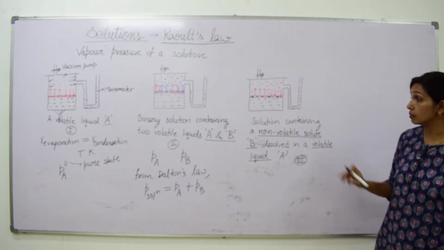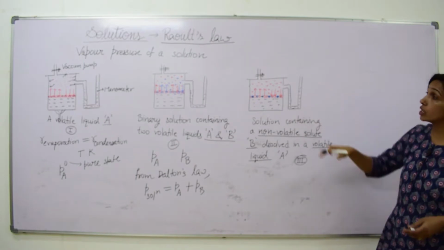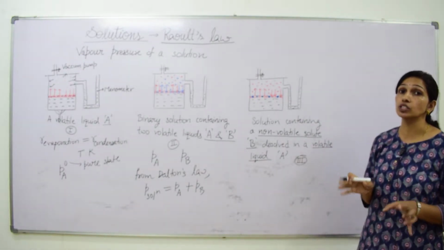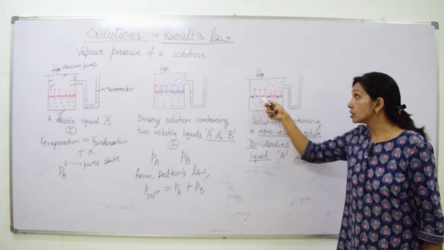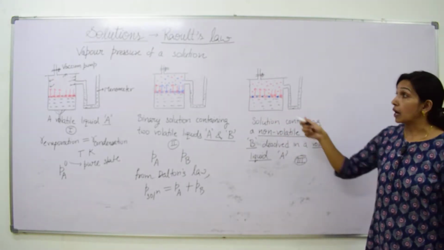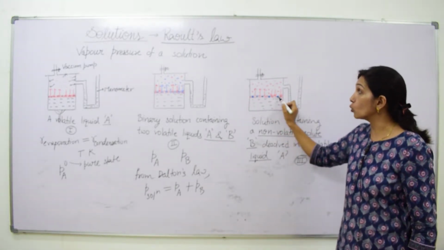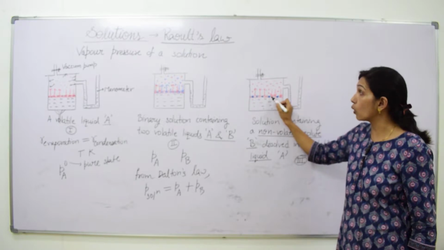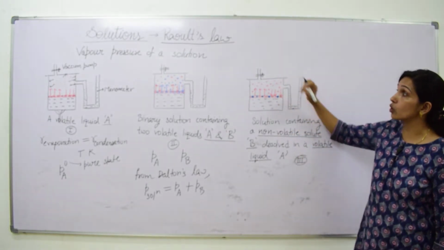As we know, a non-volatile solute cannot change into its vapor, but it will also partially occupy the surface of the volatile liquid, and therefore, it will decrease the rate of evaporation.